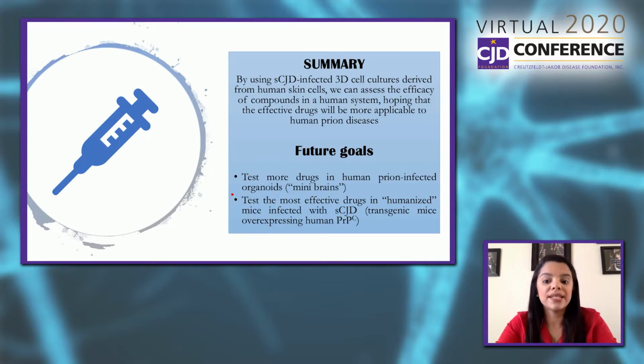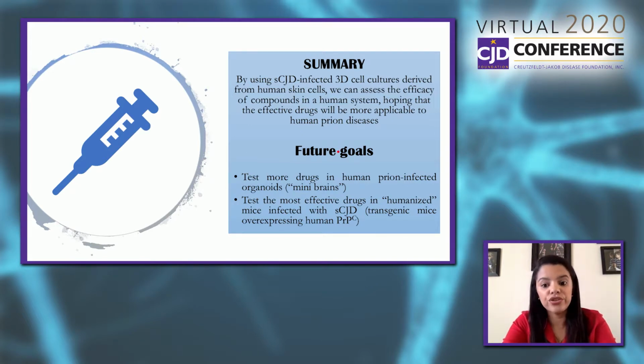So to summarize my data, we showed that these three-dimensional cell cultures, which we call mini brains, are useful models to verify the ability of anti-prion drugs to inhibit the conversion in a human background. And we hope that by using this human model, we can increase our chances to find anti-prion drugs that will work in humans.